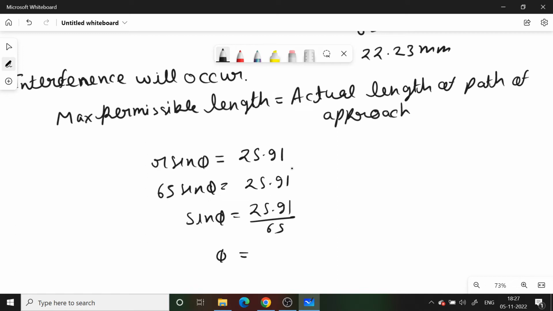From here phi will be equal to 23.49 degree. So if the pressure angle is 23.49 degree, then interference will not occur.